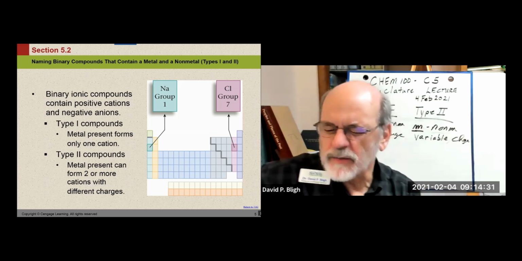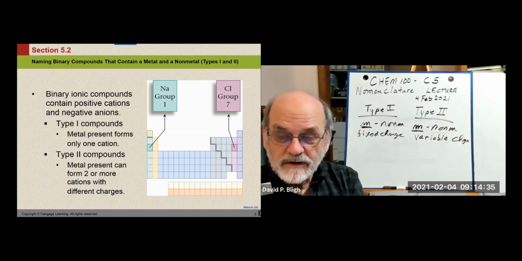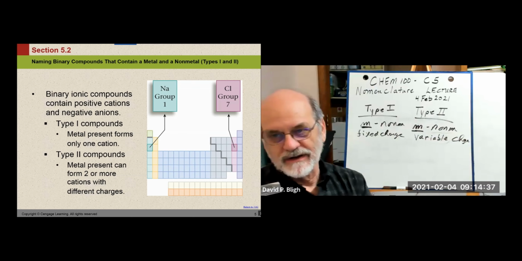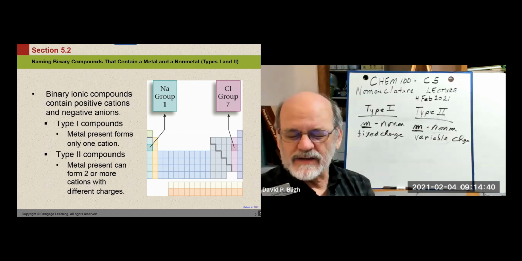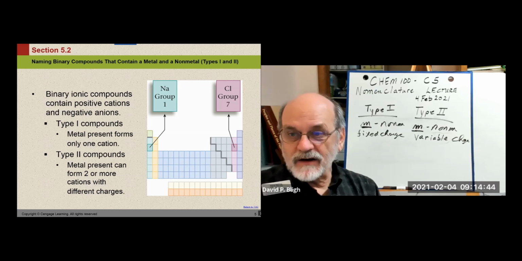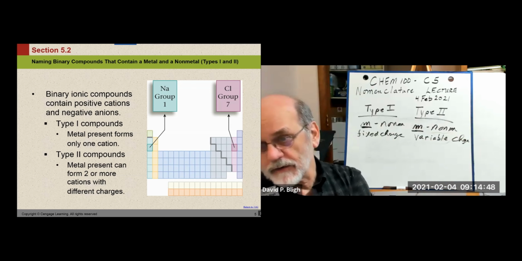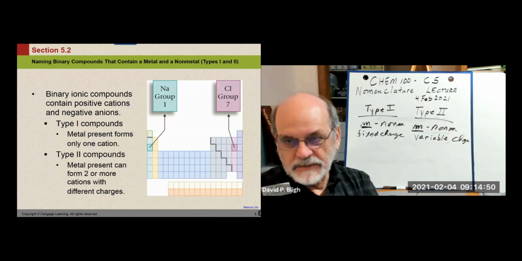So when we say variable charge, that doesn't mean that after the compound is formed, the charge of the metal can change. No, what we mean is when we form the compound, the metal could start out as 1 charge, or it could be a different charge, but it can't be both.